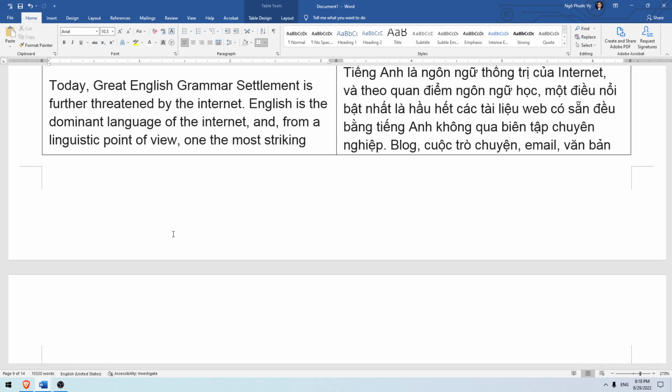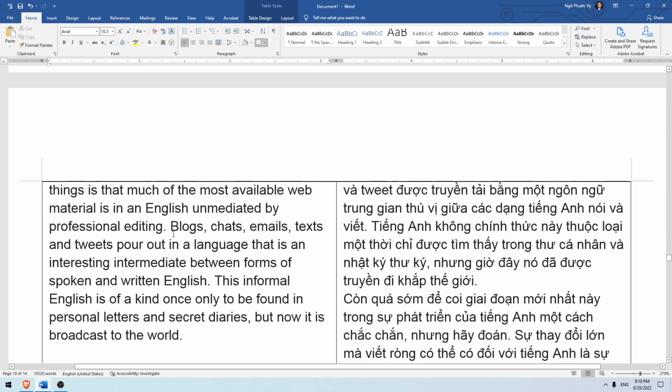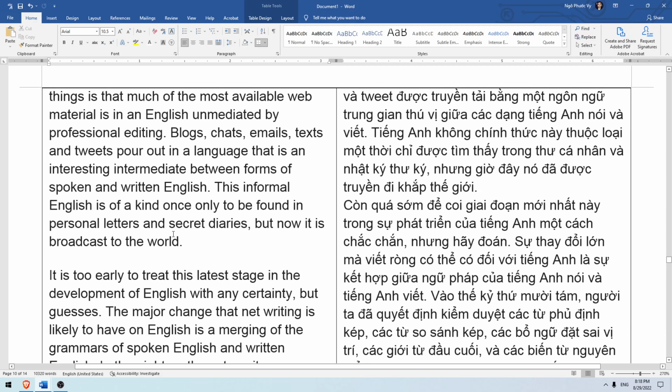English is a dominant language of the internet, and from a linguistic point of view, one of the most striking things is that much of the most available web material is in an English unmediated by professional editing. Blogs, chats, emails, texts, and tweets pour out in a language that is an interesting intermediate between forms of spoken and written English.